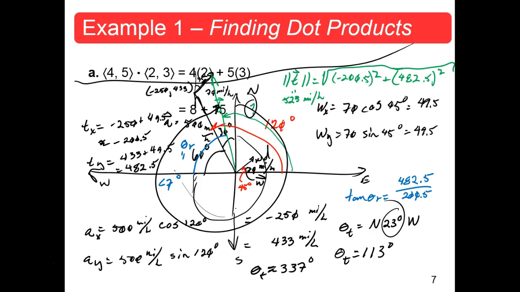A blank, blank, blank. The middle word is line. A line that has a fixed magnitude is a line segment. And to have a direction would be a directed line segment. Okay, that's what they're looking for.